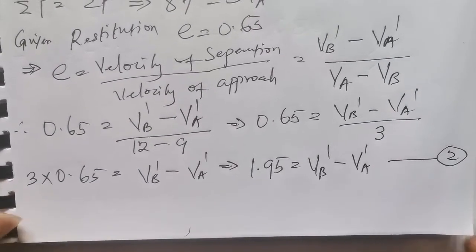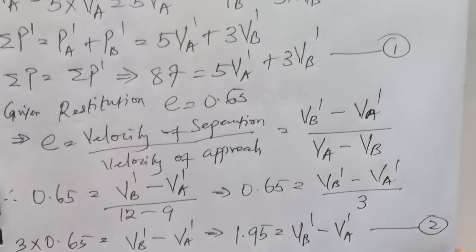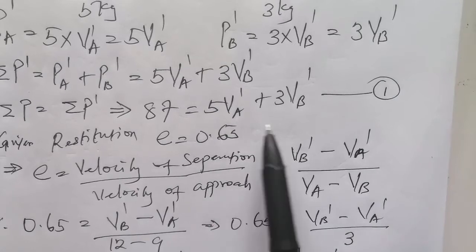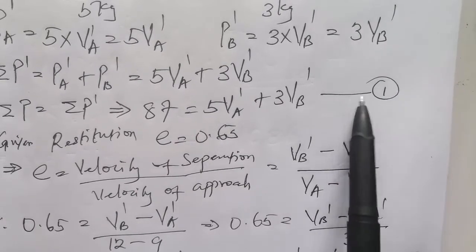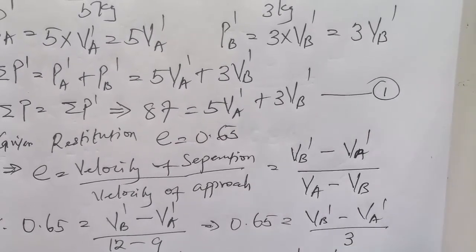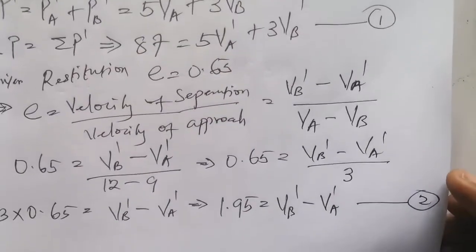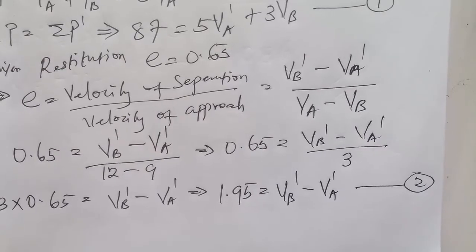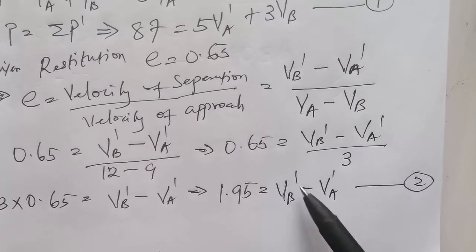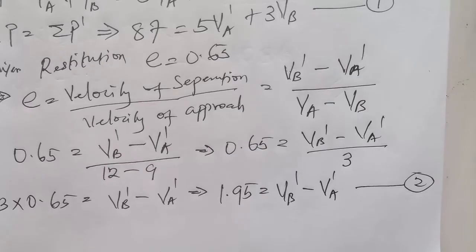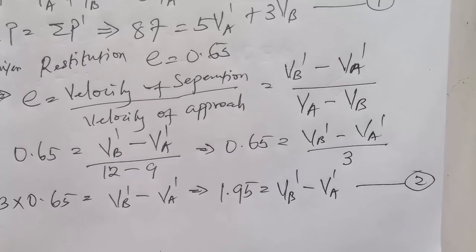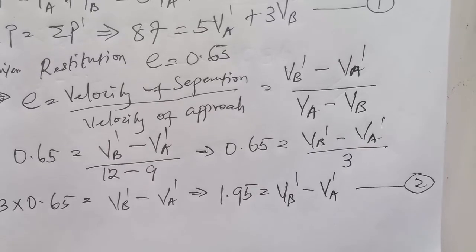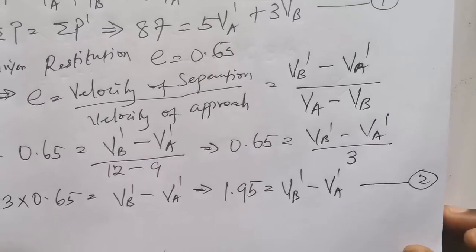So we have two equations now in terms of VB prime and VA prime, as can be seen here. This is the first equation in terms of VA prime and VB prime. Now you have the second equation, equation 2, also in terms of VB prime and VA prime. Now let's make VB prime subject of the formula in equation 2 and plug it into equation 1 and find the value of their final velocities, which is what the first part of the question is asking us to do.